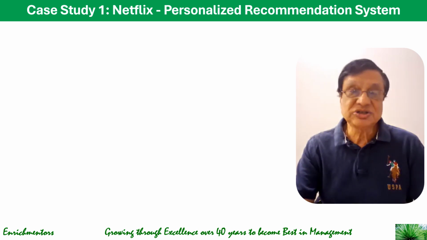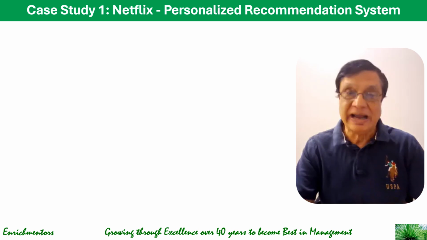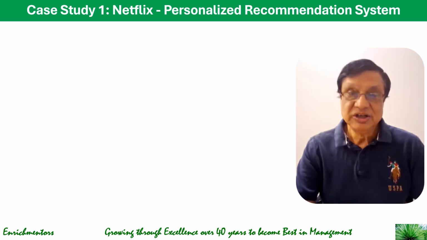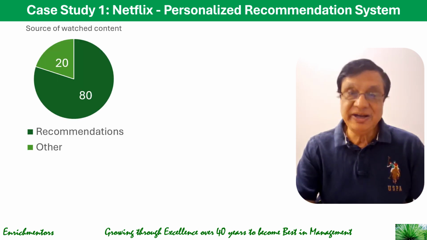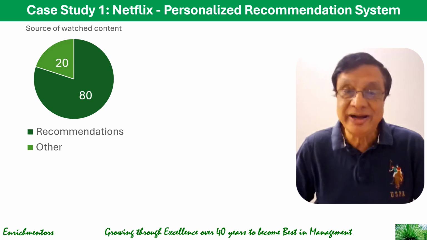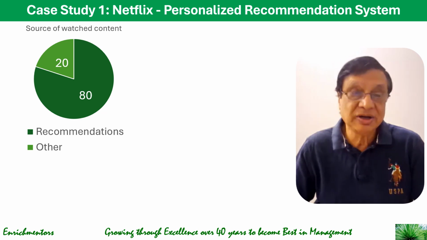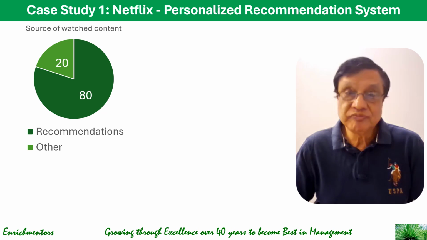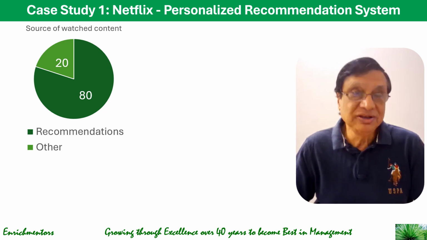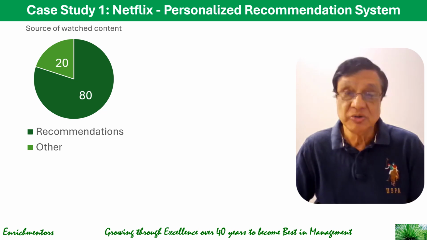So what were the results of this approach of data analysis and analytics? What happened as a result of this? They found out that 80% of the watched content of the customers came from the recommendations. Only 20% of the watched content came from other methods, right? So what they were recommending after all this analysis, machine learning, deep learning, and A/B testing worked extremely well. 80% is a very high figure.